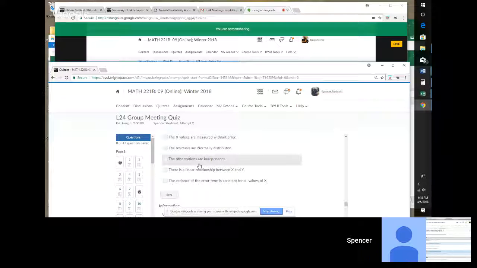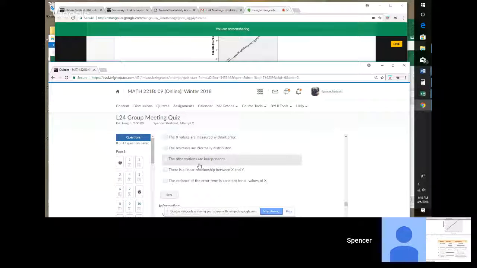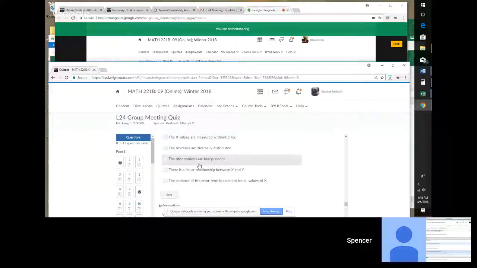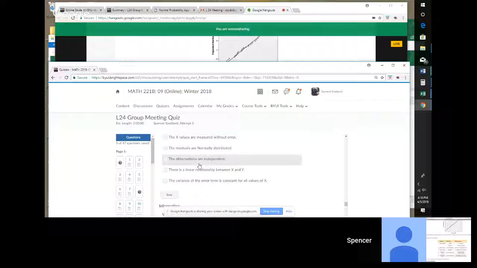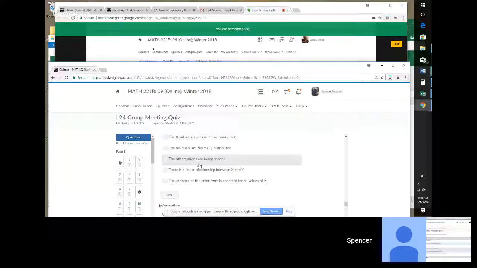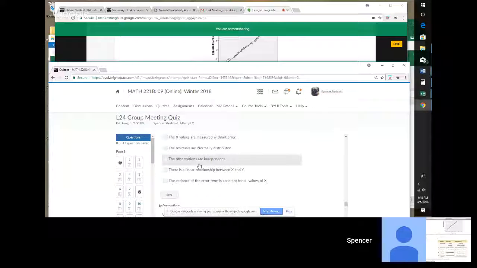We know that linear relationship has to be there. It's just obvious. We've checked in the past. Observations are independent, and I think that's wrong. X's are known constants. So it's not E. Constant variance.